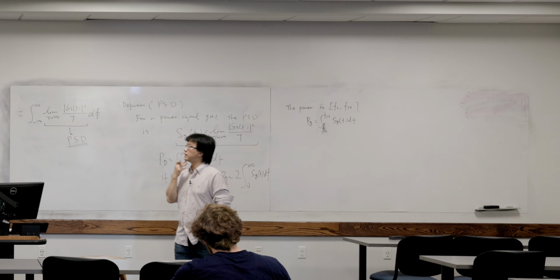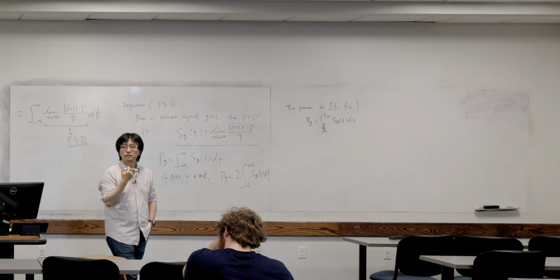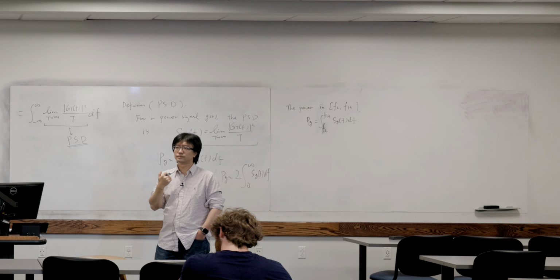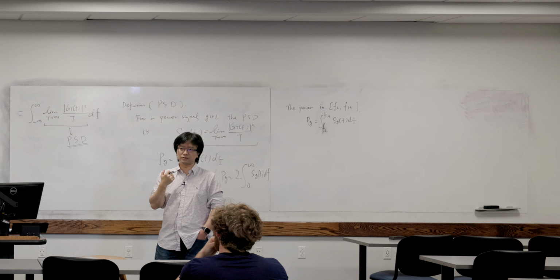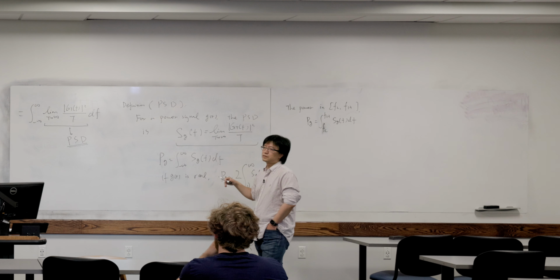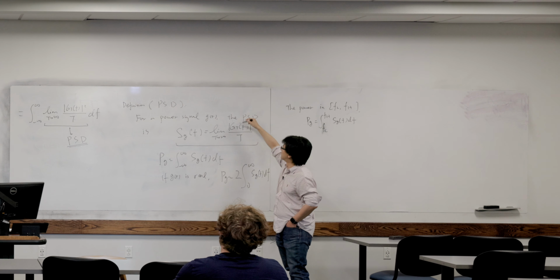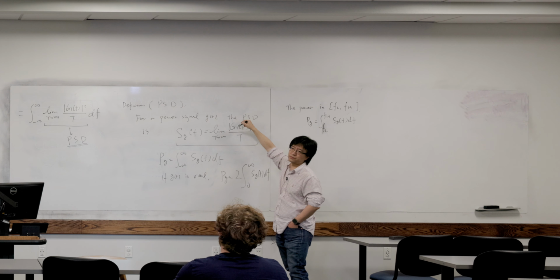The next thing we want to consider is how we compute it. Is it easy to compute using this? It's somewhat complicated, because we need to compute the Fourier transform from g(t), then divide by T and let T go to infinity.